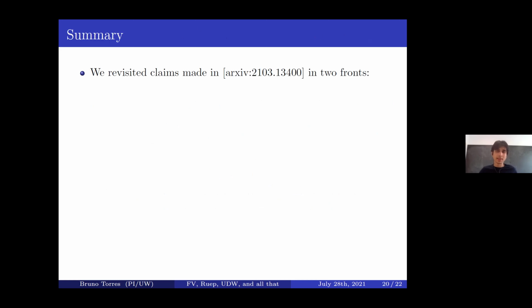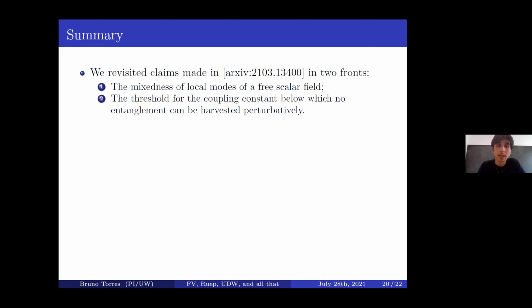So in summary, what we did here was to present a response to some of the claims made in this paper by Rueb on two basic fronts. First, we evaluated the mixedness of local probes of a free scalar field, which was the main source of this inability of local weakly coupled particle detectors to harvest entanglement.